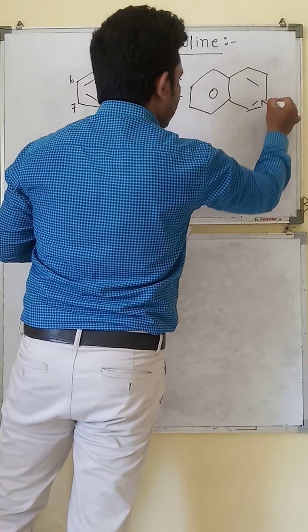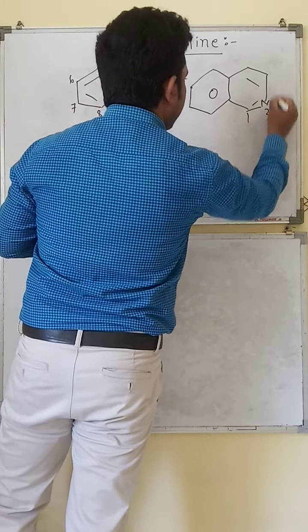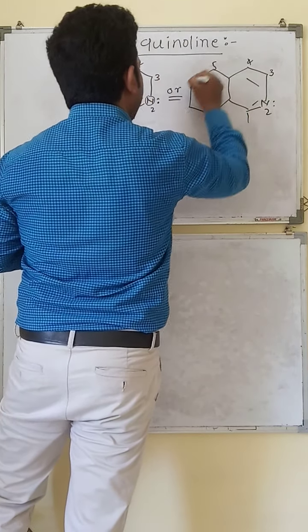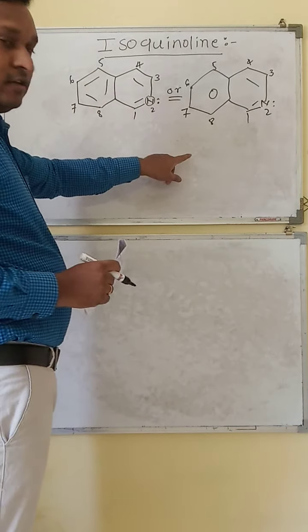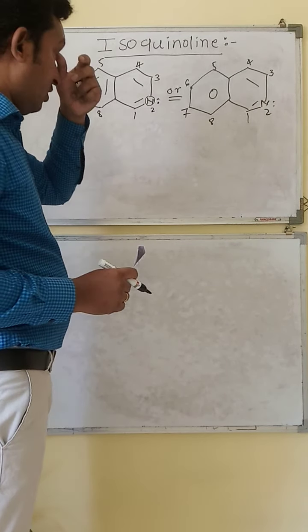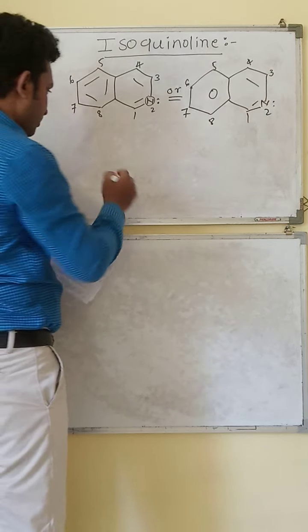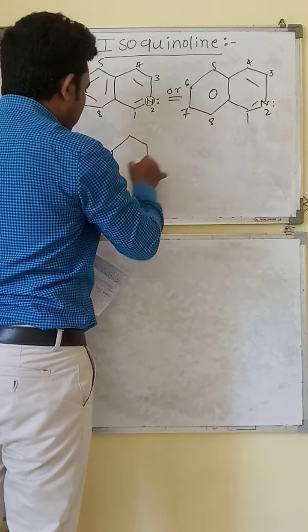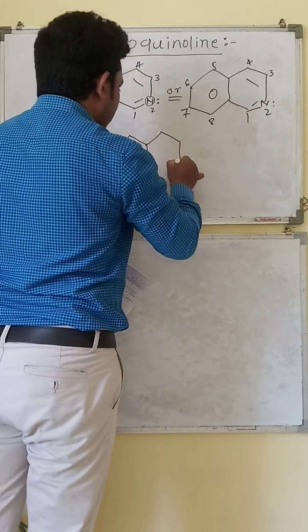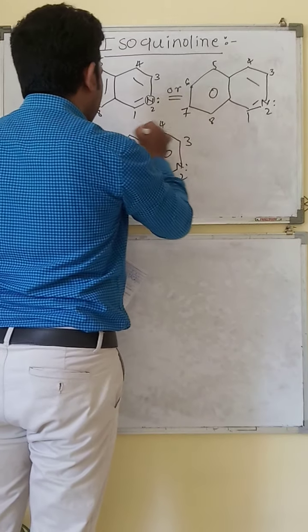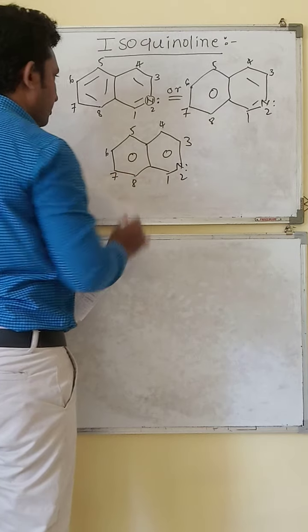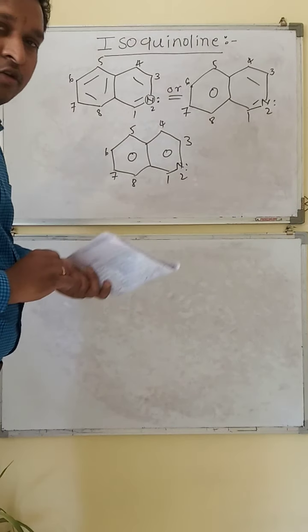This is another structural representation, with first, second, third, fourth, fifth, sixth, seventh, and eighth carbon. Or we can also represent the structure of isoquinoline simply like this. This is the structure of isoquinoline.